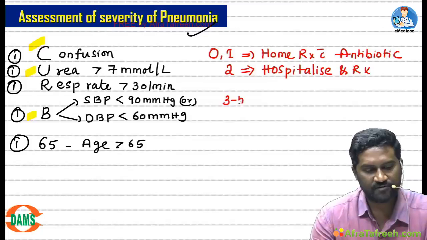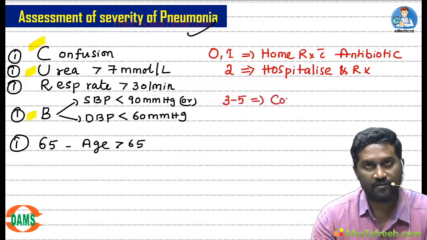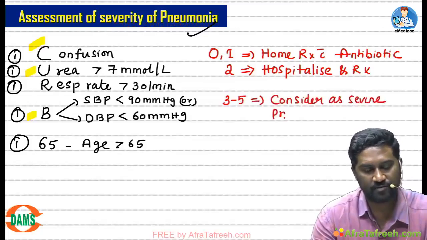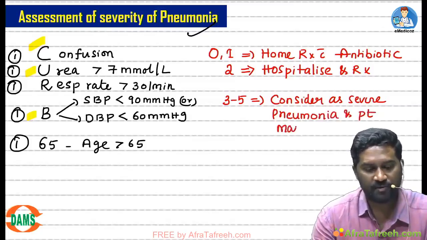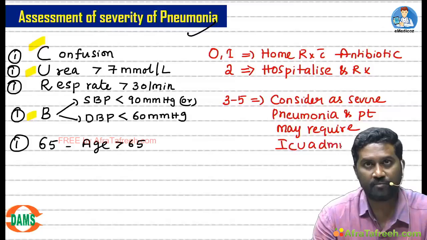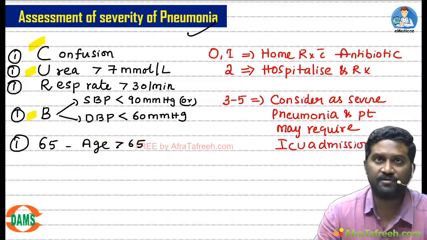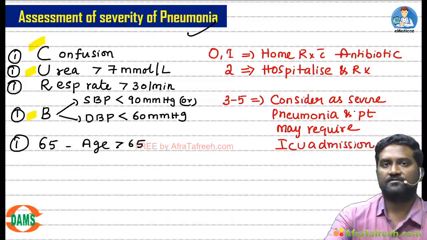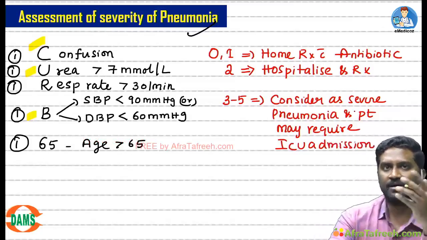If the score is 3 to 5, I will consider this as severe pneumonia, and the patient may require ICU admission. If the score is less, I treat him at home.